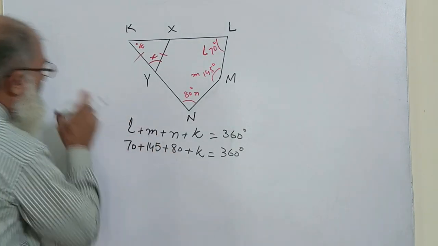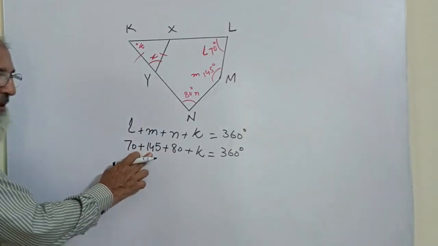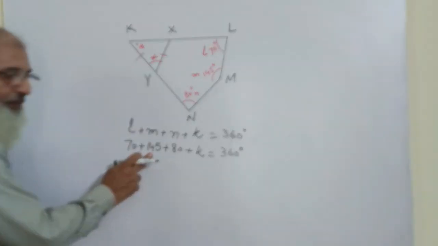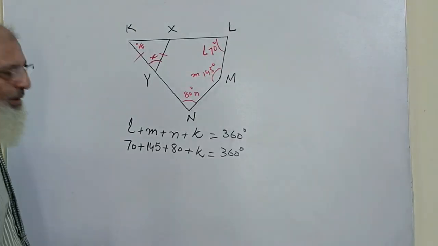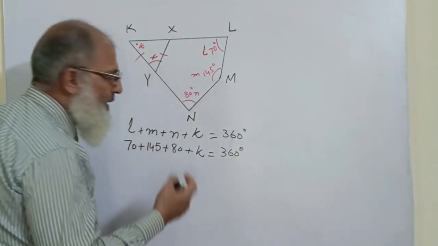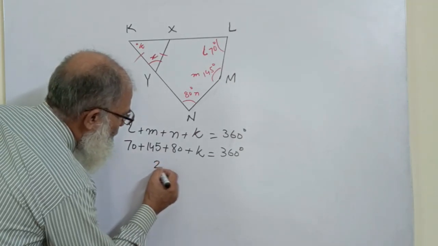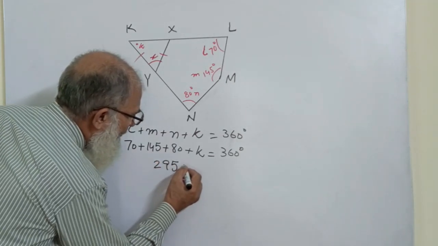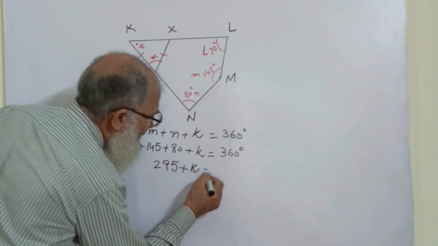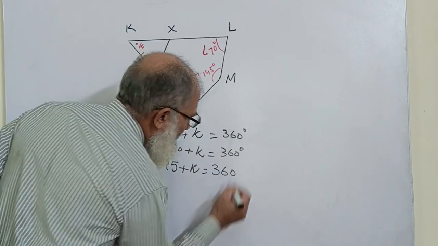We'll add these up. This is equal to 150. 150 plus 150 gives us 300, but this is less 5, so it is 295. 295 plus K, a simple algebraic calculation, is equal to 360.